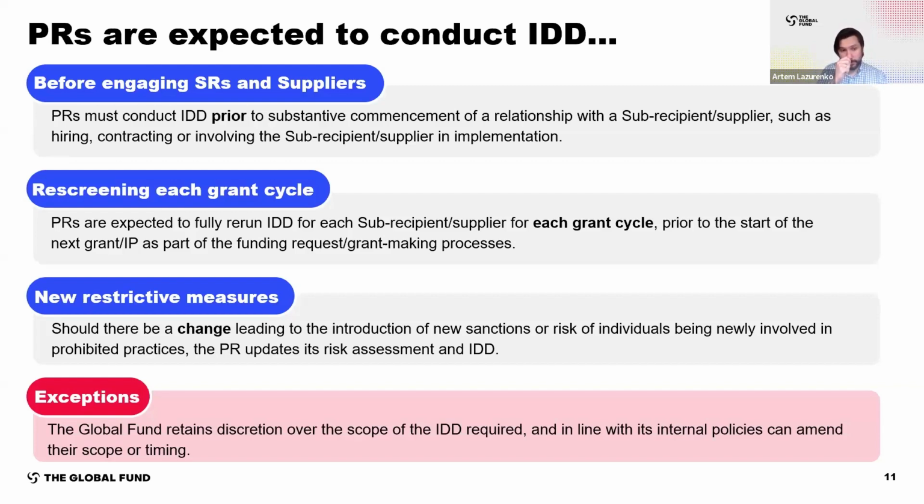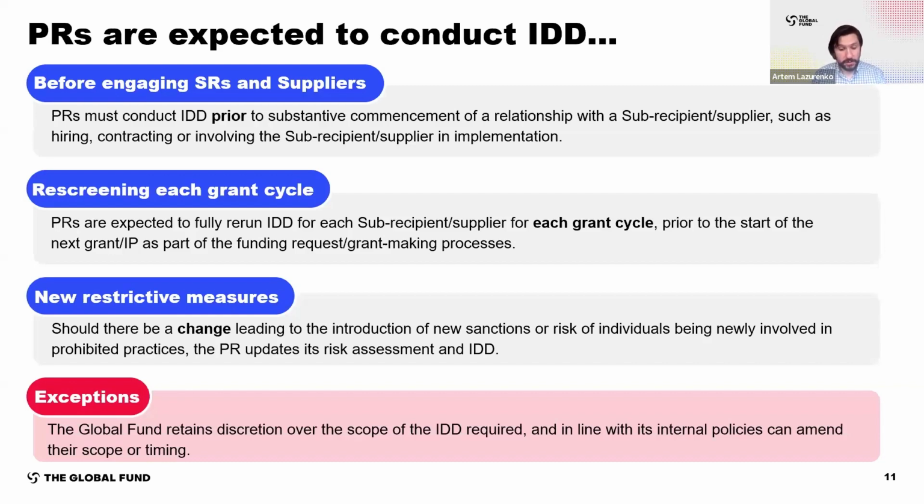It is also possible that the contexts evolve. Many of our principal recipients operate, unfortunately, in areas subject to conflict, subject to rapidly evolving geopolitical situations, and especially in these cases, restrictive measures can be very dynamic. We have seen this recently, unfortunately, in many of the jurisdictions where we operate.